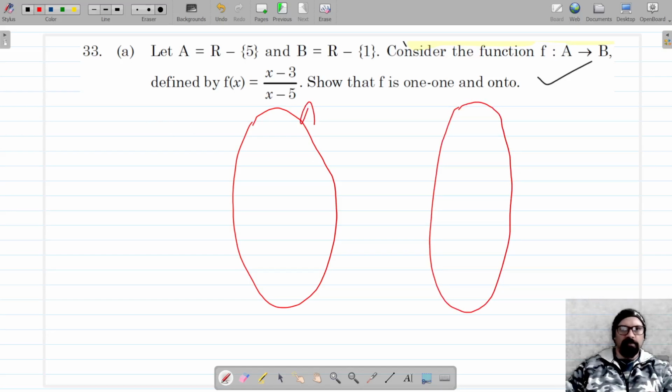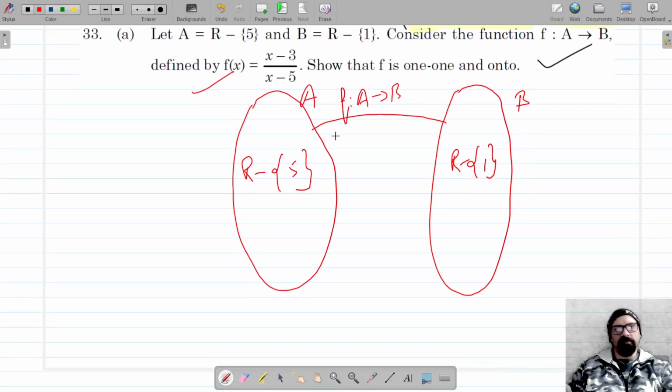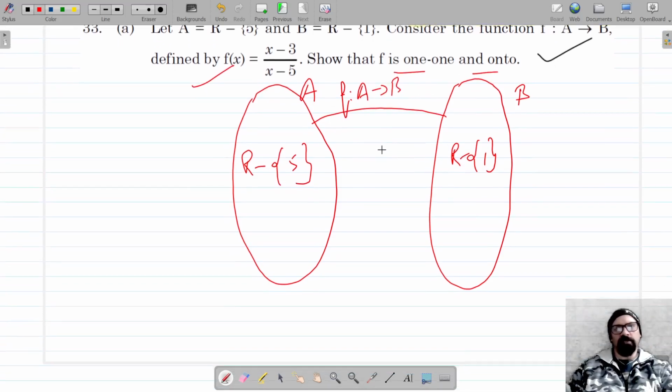So this is set A, this is set B, and set A has all real numbers except 5, and B has all real numbers except 1. And there is a function defined from A to B, and the function is defined as this. So f of x, we have to show that f is 1-1 and onto, that is, it's bijective.